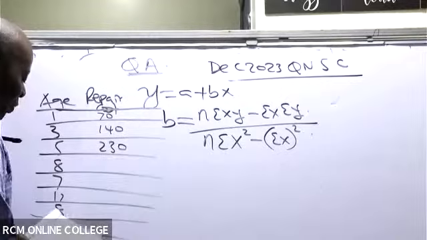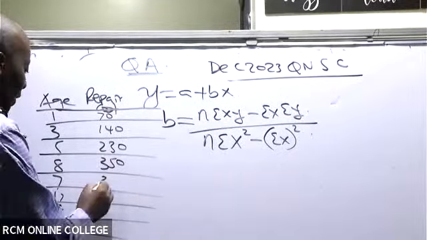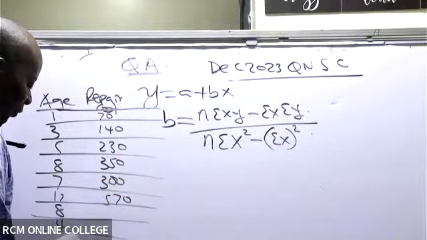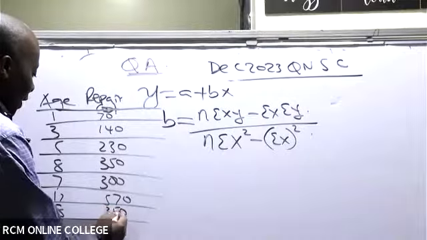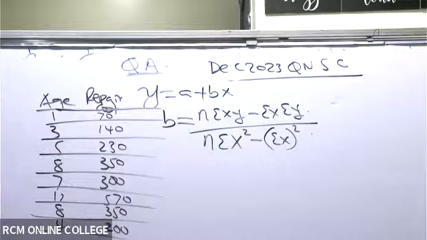Then we have 350. 300, 570. 350, 200. Ladies and gentlemen, kindly give me a signal once you are able to write up to here.